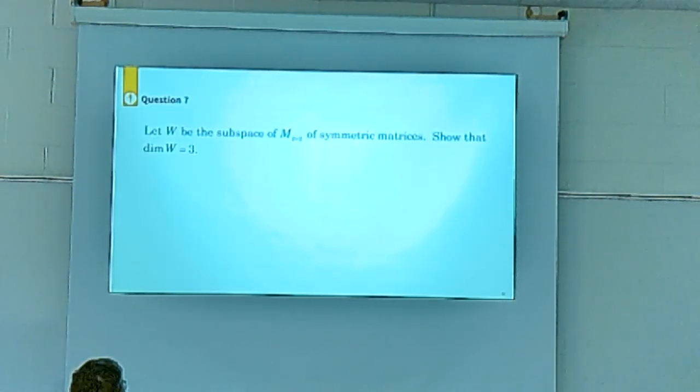We're going to show that W has dimension 3. What does it mean for a matrix to be symmetric?